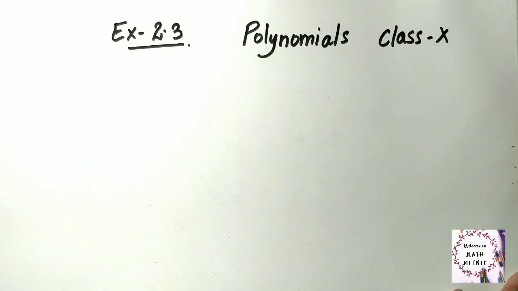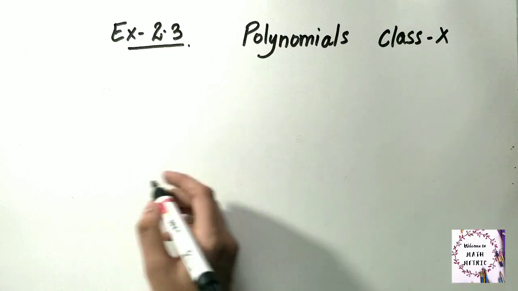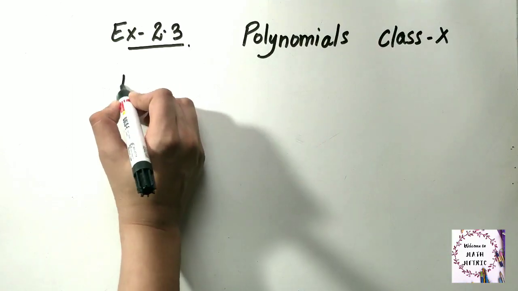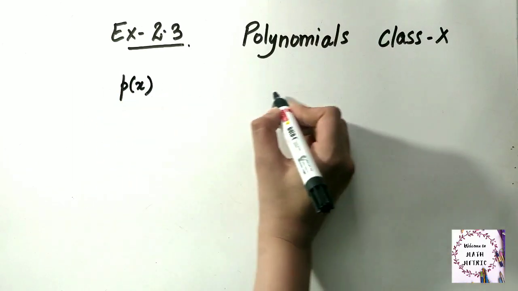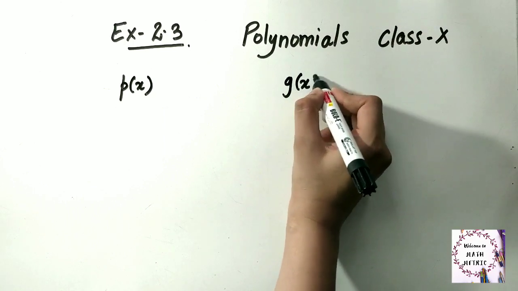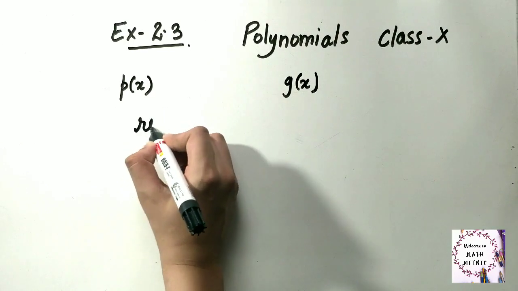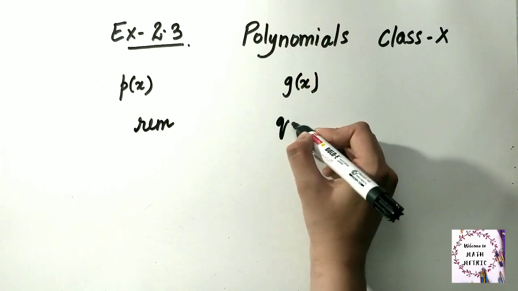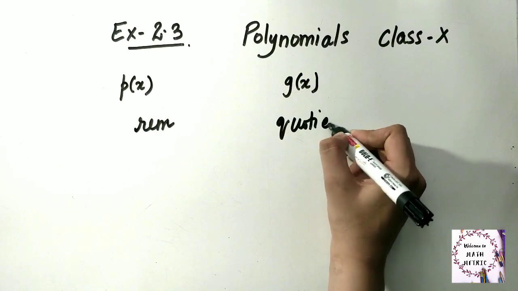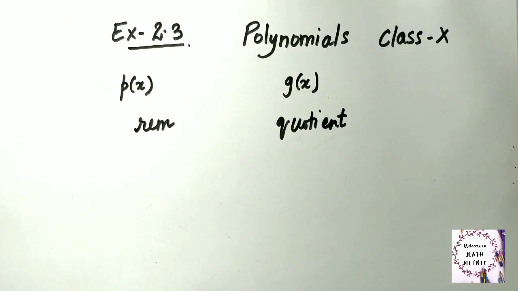We are going to learn about exercise 2.3 of class 10th. First question: we have to divide a polynomial p(x) by a polynomial g(x) and find the remainder and quotient as follows.